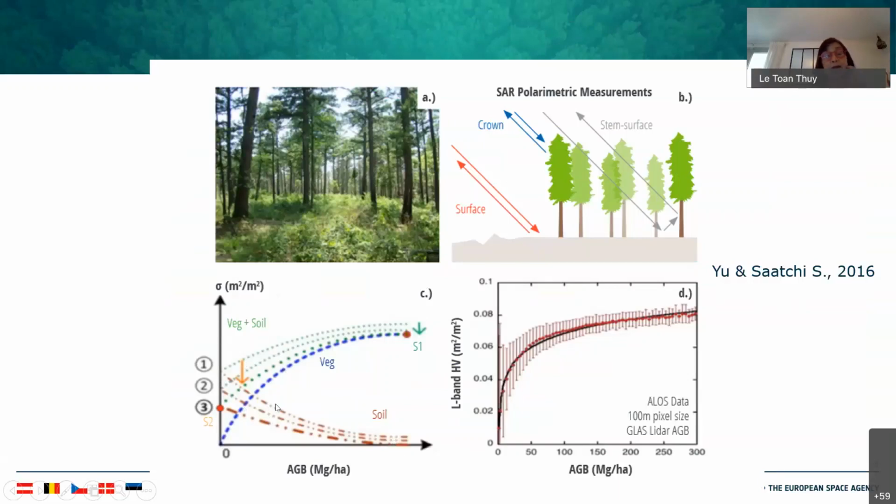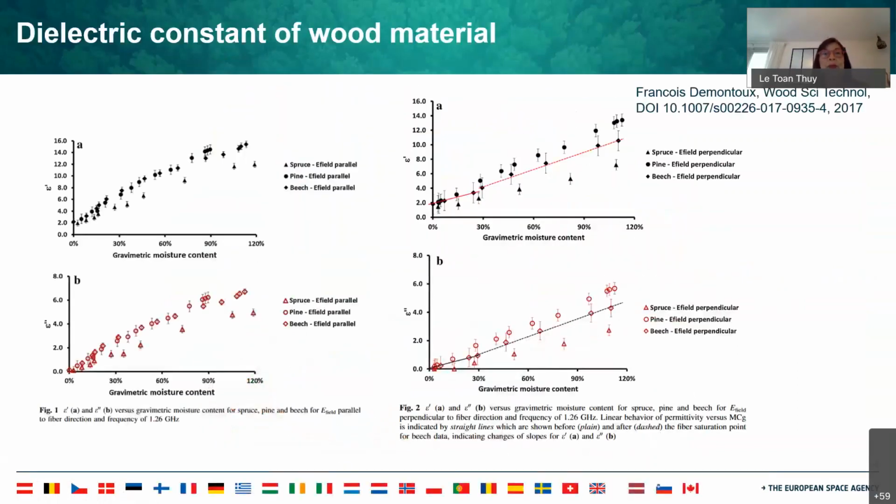If you have the soil return at low biomass, then here you have a curve which has not much sensitivity, and that's why you observe with ALOS data that after 100 tons per hectare, the L-band saturates, if you just use this way to do the retrieval.